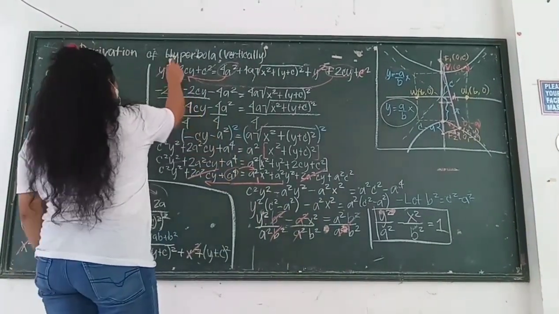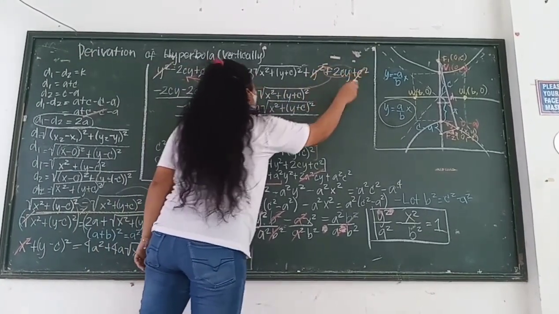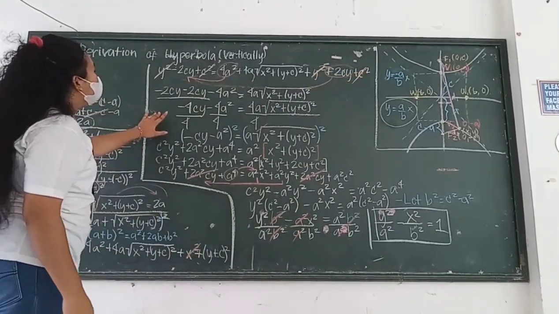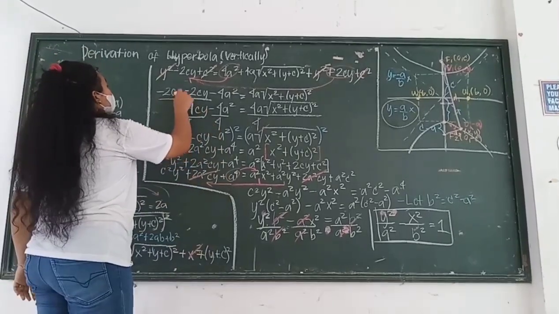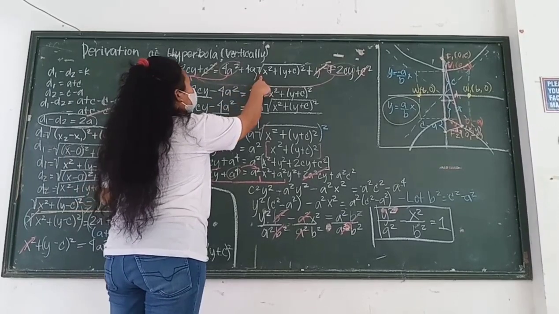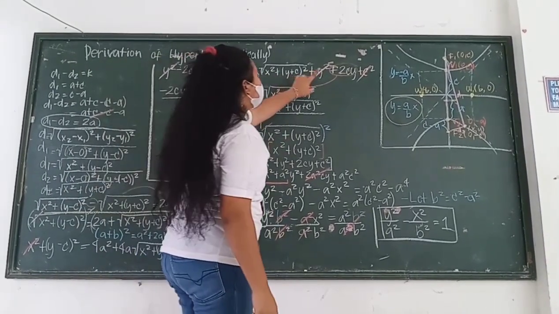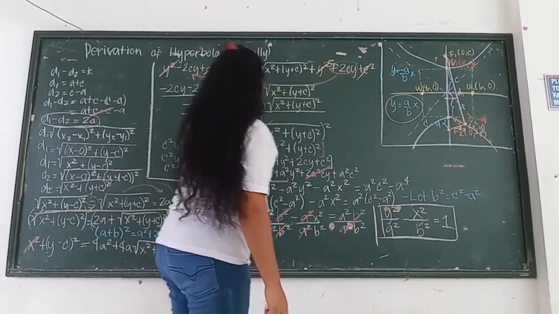So again, I have these two because they have the same value. So the remaining is negative 2cy, 4a squared plus 4a square root of x squared plus quantity of y plus c squared plus positive 2cy.